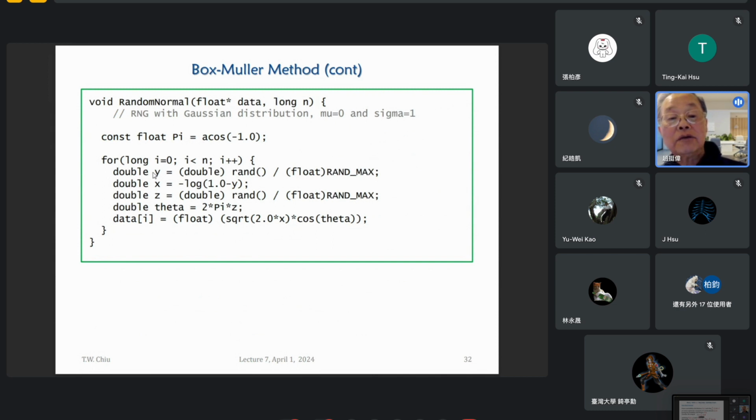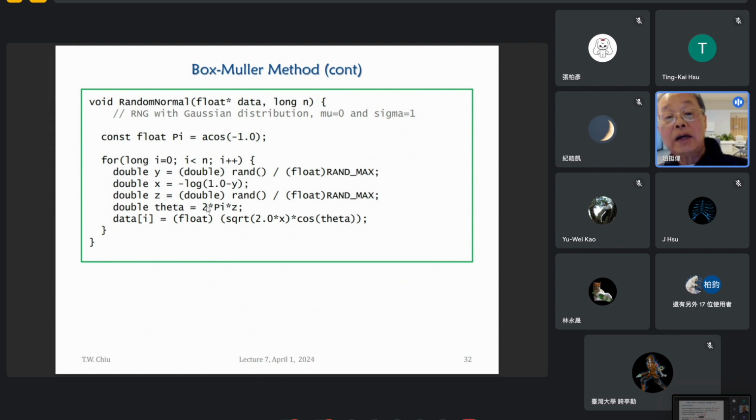With this y, I put it in this formula, and then I get x. This x is actually the u in the previous slide, and it obeys the exponential distribution, the e to the minus x distribution. With this x exponentially distributed, I call another random number c, which is needed to generate theta.